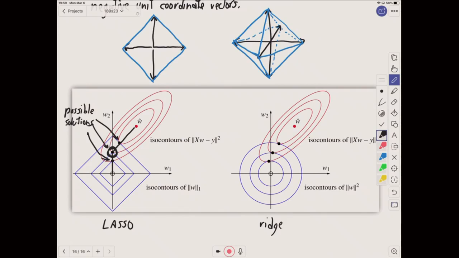Now, not always, sometimes that doesn't happen, but when it does happen, well, that's particularly interesting because that sets one of the weights to 0. And in higher dimensions, you could get any number of weights set to 0. Well, there's always one non-zero weight, but almost all the weights could be set to 0. None of the weights could be set to 0, anything in between, depending on what is justified by the data. But this kind of regularization does tend to take small weights and set them to 0.